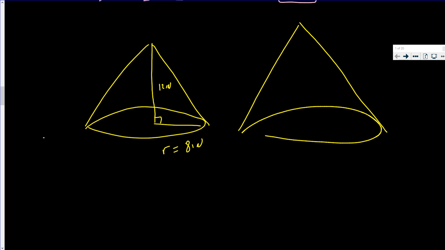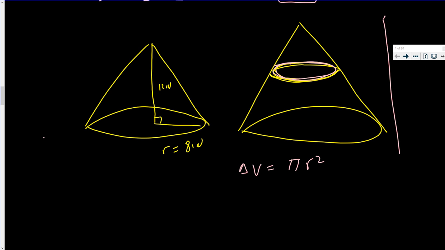Here it is. Now, let me take a cross-sectional area. Let me take this. But it has thickness. Well, what is the volume of that piece? Call it delta V. Well, it is a circle, so it's pi r squared.